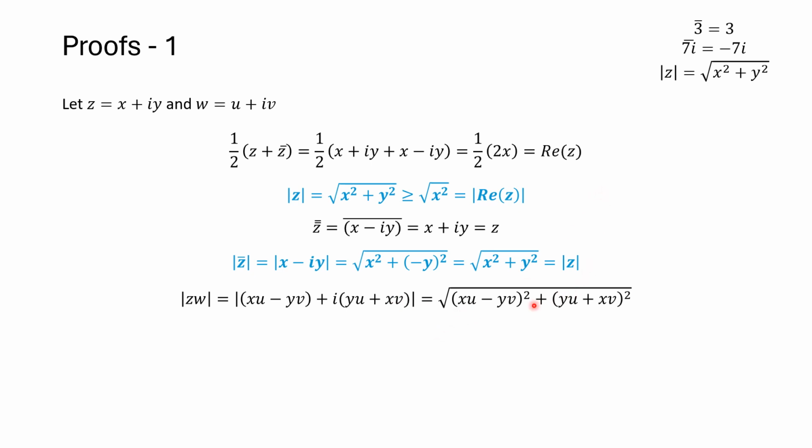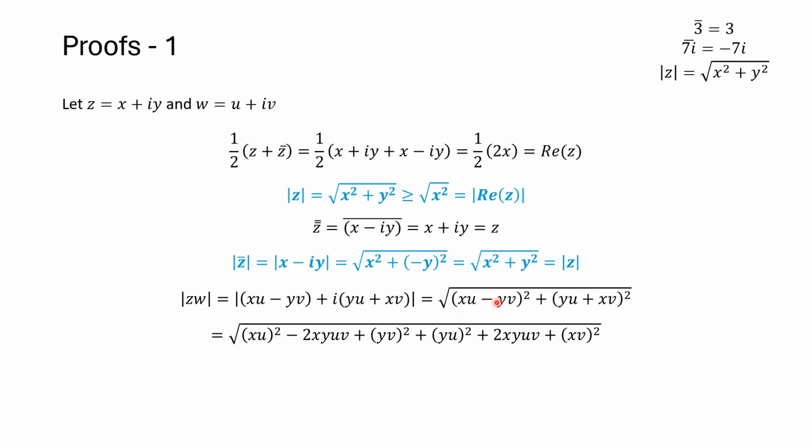Use the formula for the modulus. You square this, and you square the second, the imaginary part. You write that all out just using basic algebra and keeping in mind that the middle term here and the middle term here cancel.